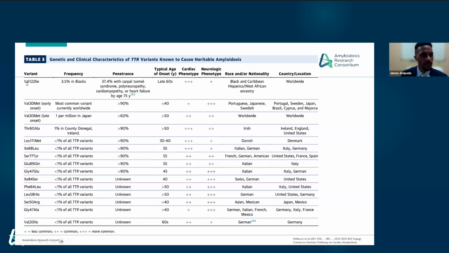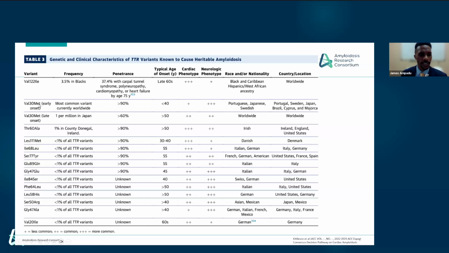So we have the V122I that we said, it's most common in the United States, but seen in 4% of African Americans. It's from people that have Caribbean and West African descent. And we see more of a cardiac manifestation, so those heart failure symptoms can be present in this particular patient, but also some of the neurologic symptoms as well.